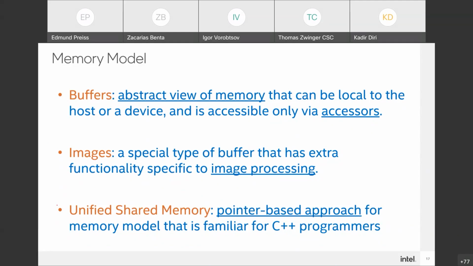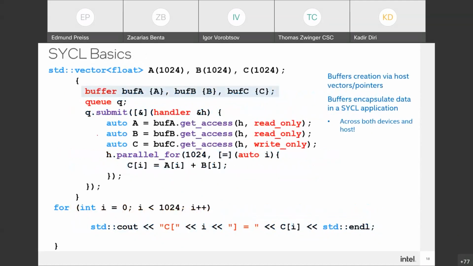This is quite similar to what is happening in CUDA, for example. While buffers were derived from the OpenCL concept, unified shared memory is more or less the model coming from regular C++ or CUDA.